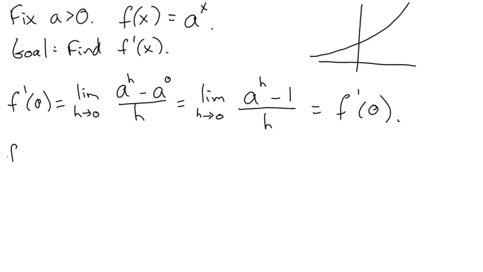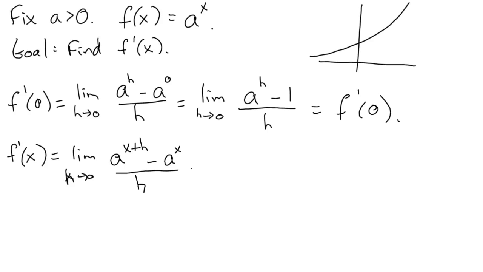So if I want to find f prime of x for any x, that's going to be the limit as h goes to 0 of f of x plus h, so that's a to the x plus h, minus f of x, so minus a to the x, divided by h. Okay, now properties of exponents let me split up the a to the x plus h part.